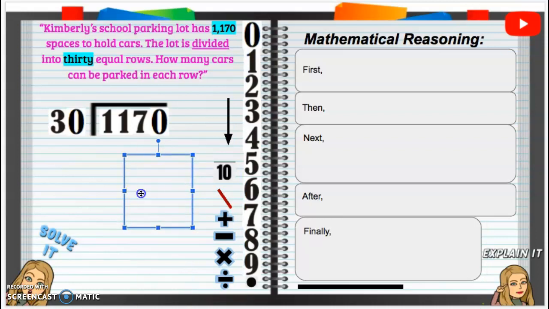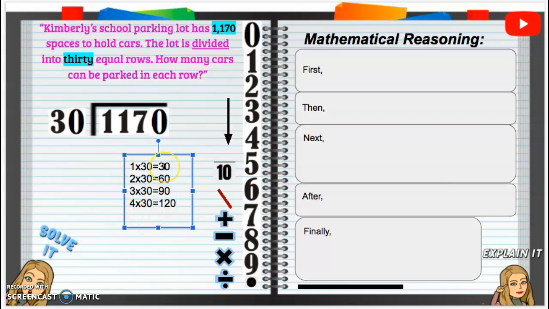1 times 30 equals 30. 2 times 30 equals 60. 3 times 30 equals 90. 4 times 30 equals 120.